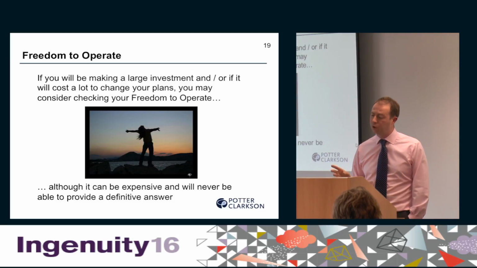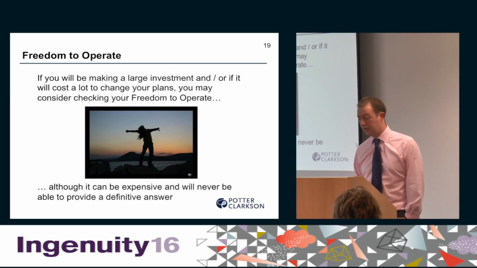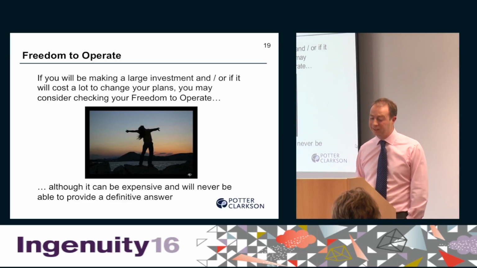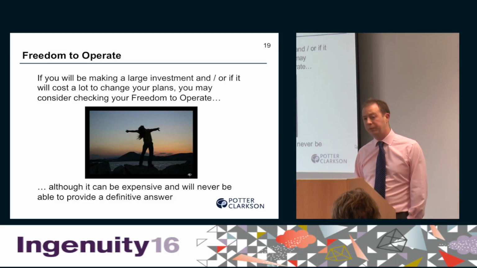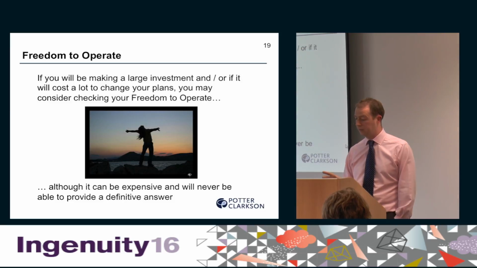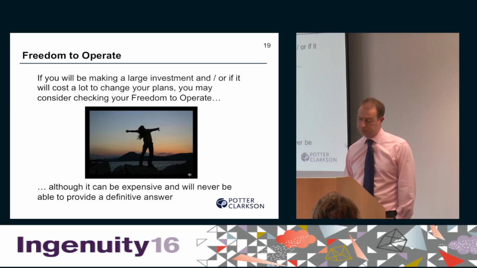There's a lot of work involved in interpreting what granted patents mean, and that's not as straightforward as I might like to think. And it will never provide a definitive answer, because ultimately a court would decide what a claimed invention in a patent means, what those words mean, and whether or not they read onto your product.